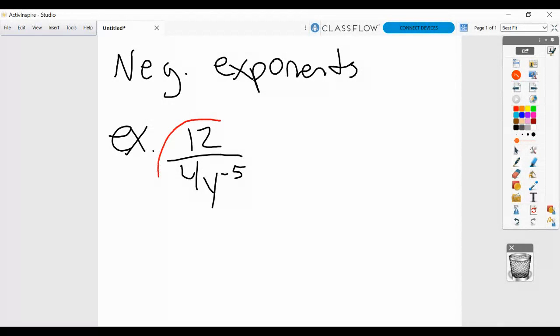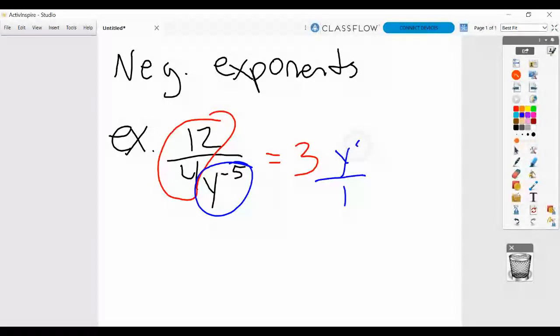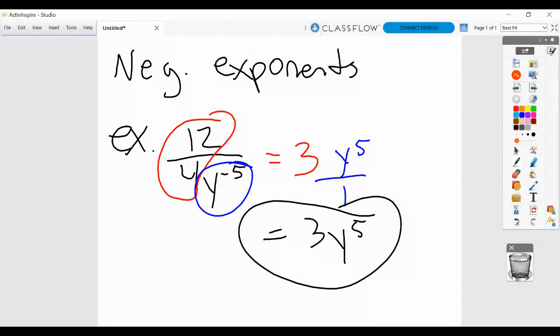So the first part is this 12 over 4, which we know to be 3. And then the second part is this negative exponent in the denominator. So you want to flip it. So basically you now have y over 1, and it's to the 5th power because you take the opposite of the power. And you're pretty much multiplying those two together. So what you end up with is 3y to the 5th.